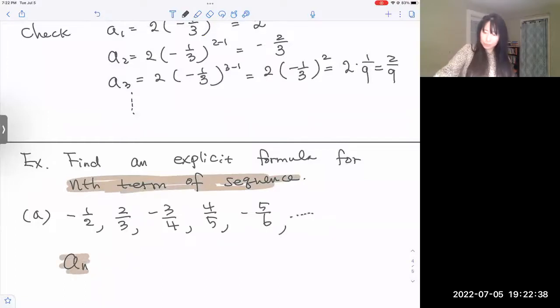Now, equal to the sign alternately changing. So we say negative 1 to the n power, then when n is positive we get the positive, when n is negative we get the negative, right? All right, then 1, 2, 3, 4, 5, so we're going to make times n. And then if we say n for the 1, 2, 3, 4, 5, then the denominator will be n plus 1, right?